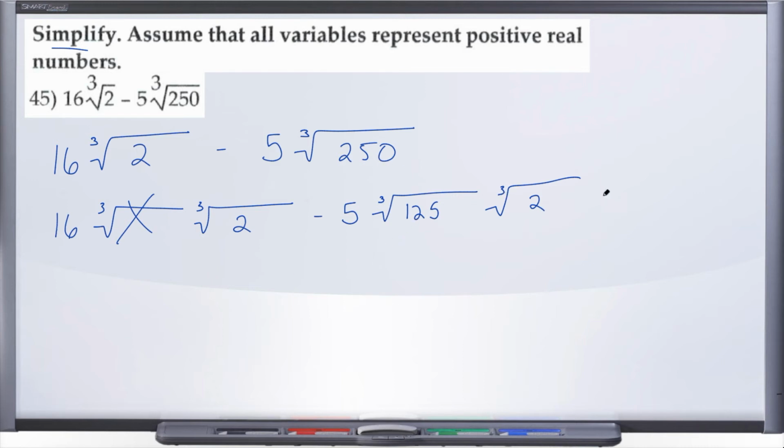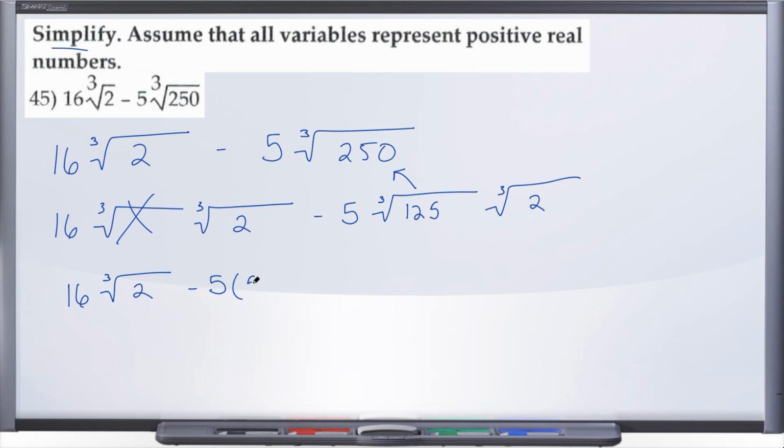So let's go ahead and clean up this second row here. So we have 16, no good stuff, so we'll go ahead and rewrite the bad stuff. So the cube root of 2 minus 5, and now we do have good stuff, don't we? So we know that the good stuff radical is going to come out free and clear and clean as a number without any radical symbols. And the cube root of 125 is 5.